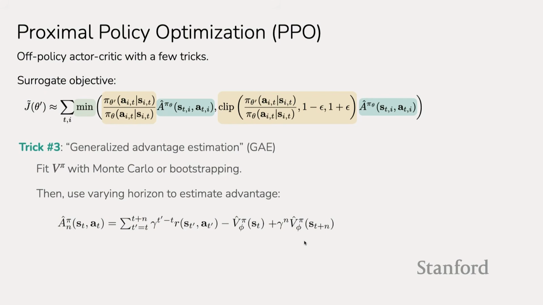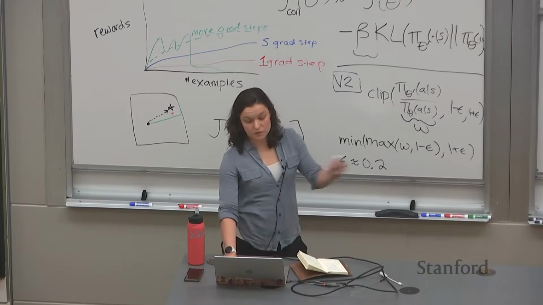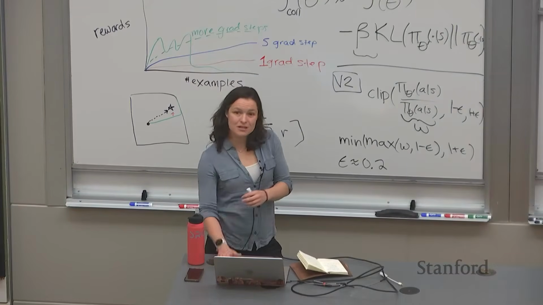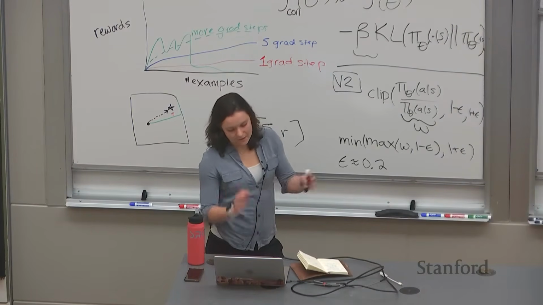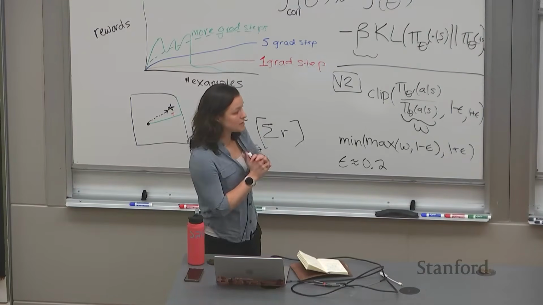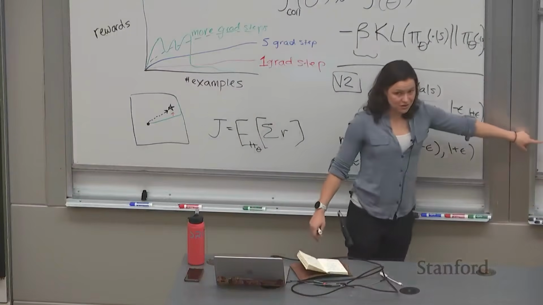We were talking about bias and variance before. If you calculate these different advantages with varying horizons, and then weight them accordingly, then you can get advantage estimates that have varying variance and maybe have less bias than if you just use the one-step estimate right here.